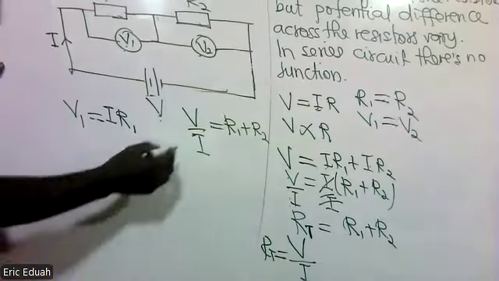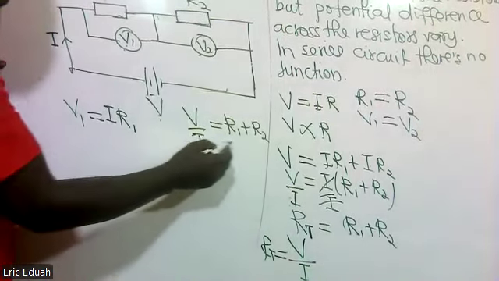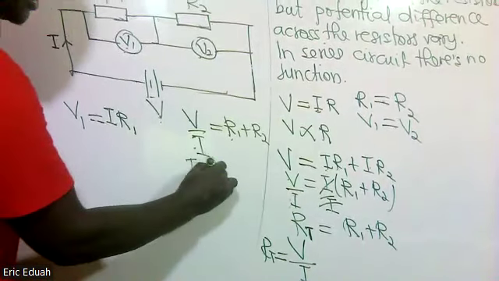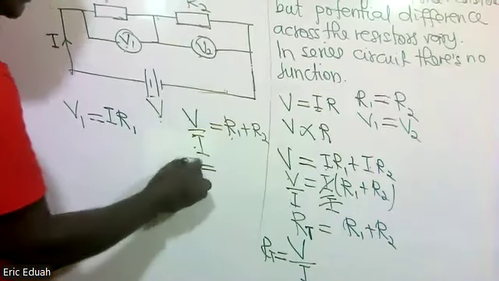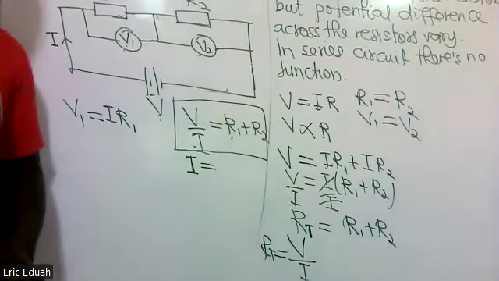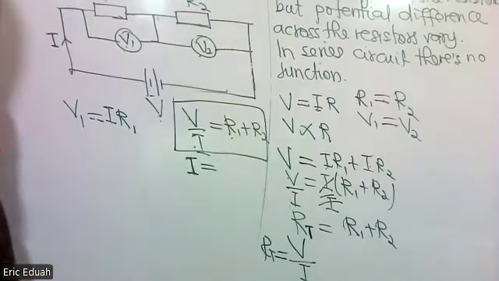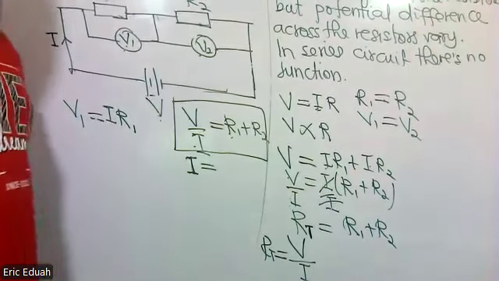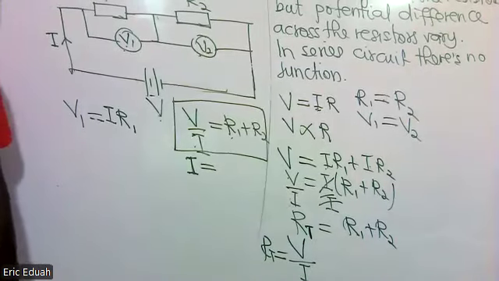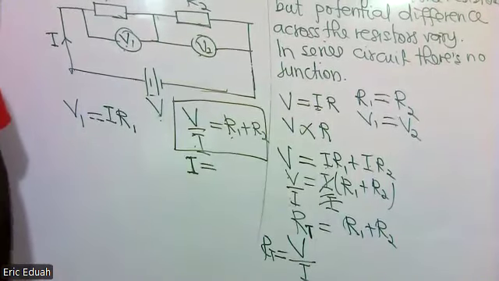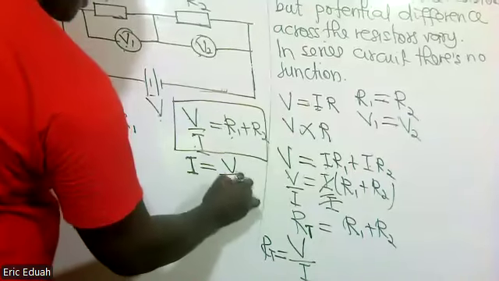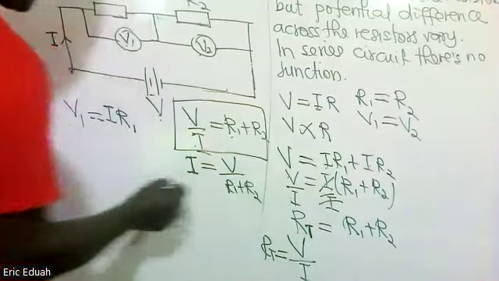So if V over I is equal to this, help me make I the subject. Make I the subject from this equation. I is equal to V over R1 plus R2.